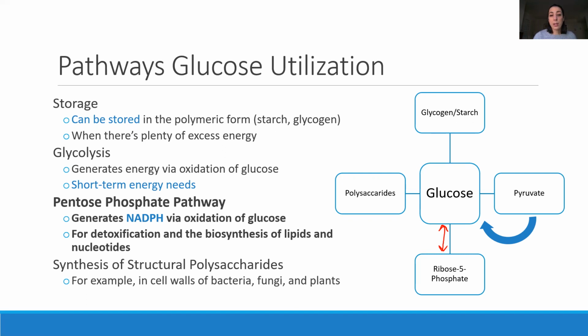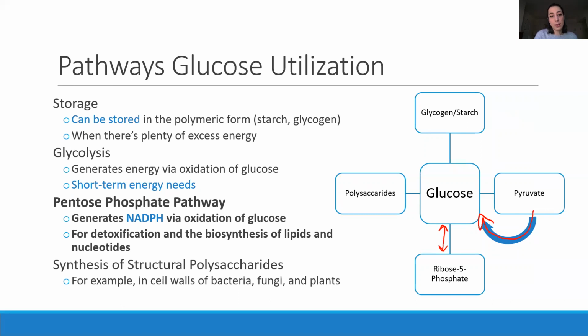In our last chapter on glycolysis, we talked about general fates of glucose and different pathways it could go into. One of them, of course, was through glycolysis and generating energy. Today, we're going to focus on two pathways in this glucose fate plot. The first is the reverse of glycolysis, going from pyruvate back to glucose, gluconeogenesis.